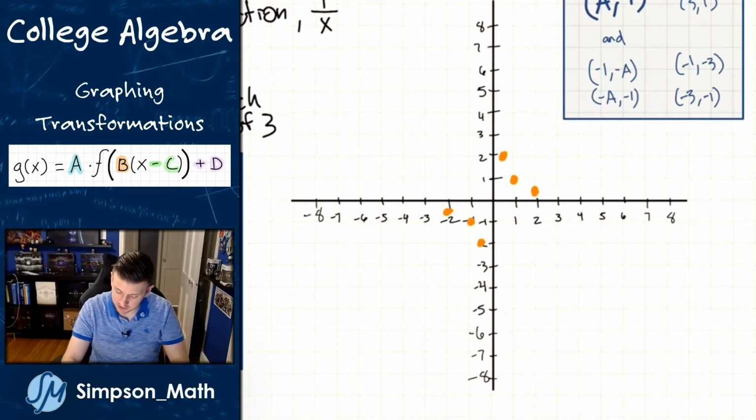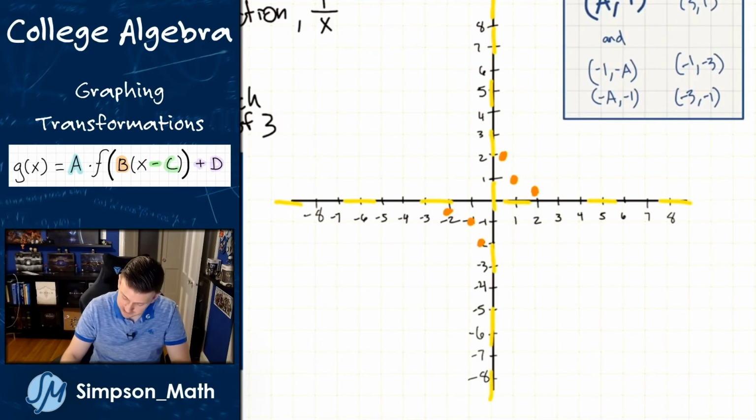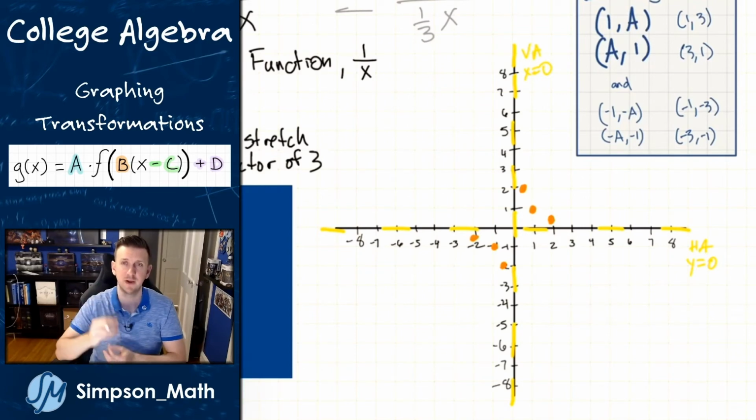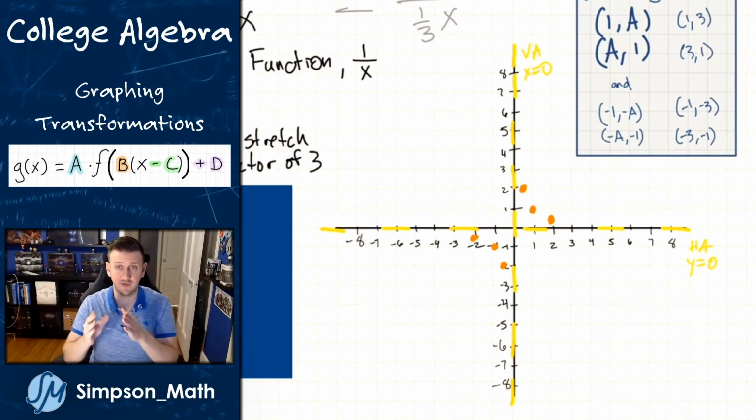So let me go ahead and get those graphed on here and labeled. Now I'm going to follow our rules of just multiplying our y values times 3, but I'll give you a little bit of a spoiler. By multiplying my y values by 3 from my parent function dots, I'm not going to get enough of a picture to probably accurately graph this. And there's actually a really interesting pattern when it comes to stretching rational functions. That's why I chose to make sure to talk about this one.